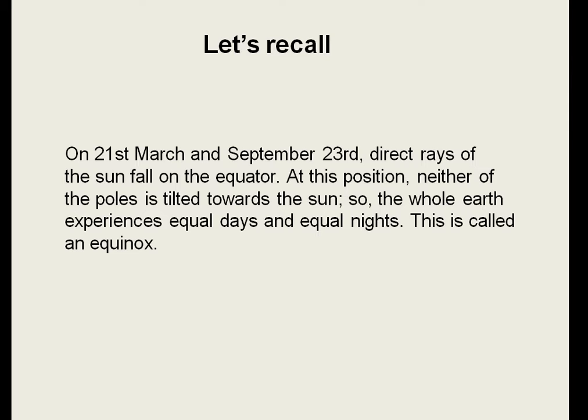So this is called equinox. So equinox is the position where the days and nights are equal, right? This happens on 21st March and 23rd September, when the sun rays are falling directly on the equator.